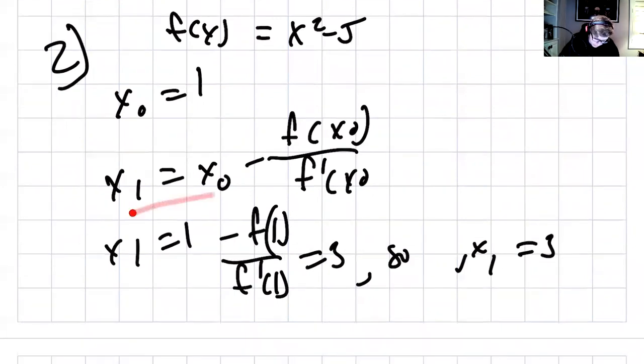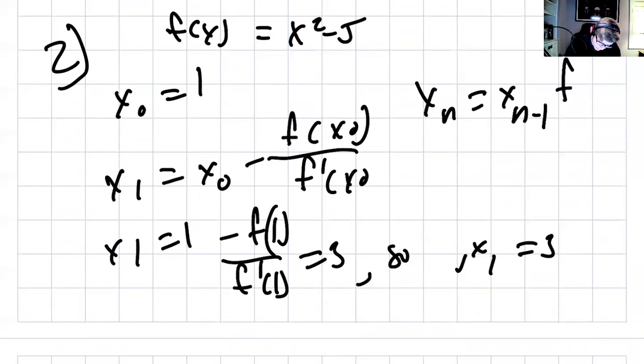The formula to improve a guess, if we were to write this out, is x_n equals x_(n-1) minus f of x_(n-1) over f prime of x_(n-1).